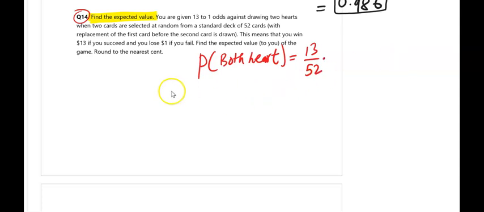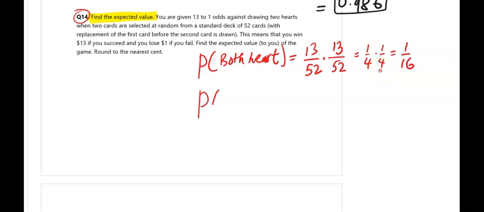So we've got to find the expected value. So I'm looking for the probability of both hearts. What's the probability of drawing both hearts? It's the probability of first heart times the probability of second heart. The probability of drawing the first heart is 13 divided by 52, times, again you replace the card back, so again there are 52 cards in the deck and again 13 hearts. So 13/52 times 13/52 gives you 1/4 times 1/4, which is 1/16, the probability of drawing both hearts.